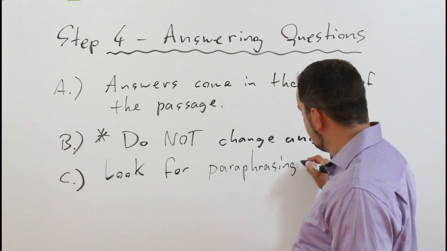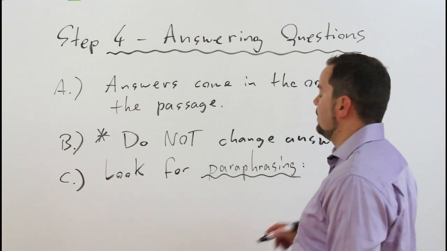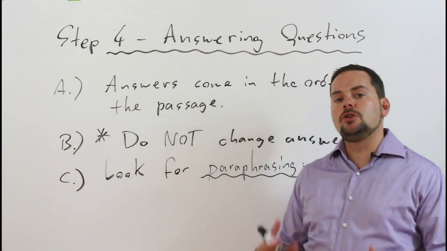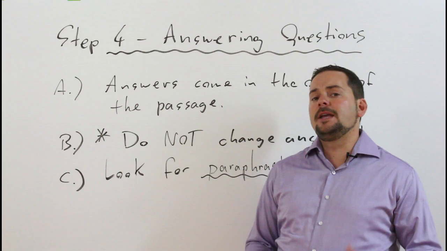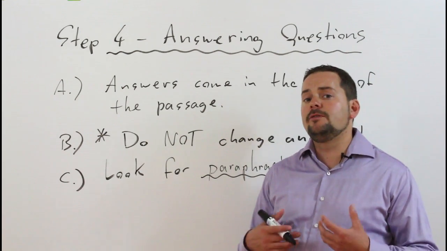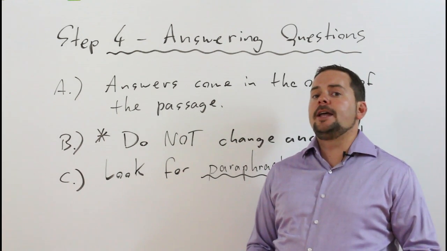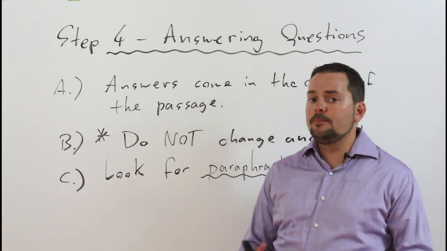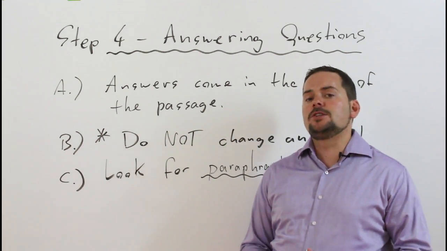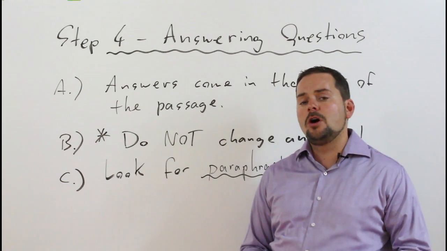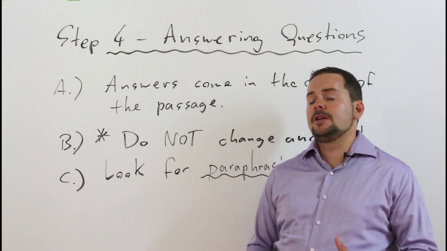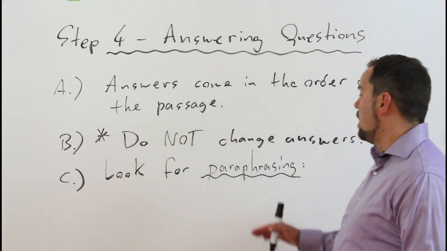Paraphrasing is the tool that is used most by test makers. Again, for a detailed review of paraphrasing and for lots of practice and help with paraphrasing, I strongly suggest you visit our website at gieltshelp.com, where we describe paraphrasing in a step-by-step way.